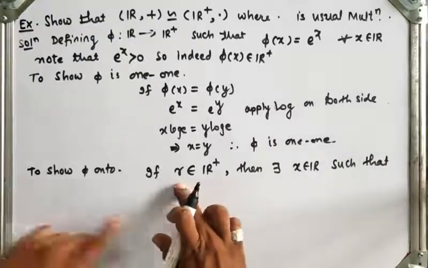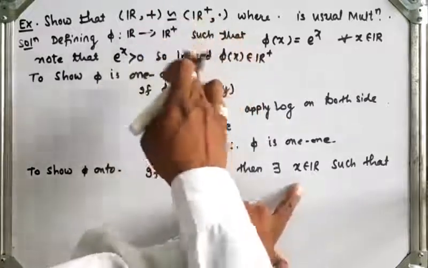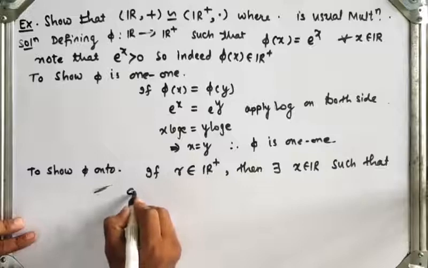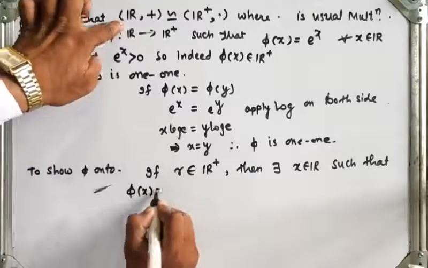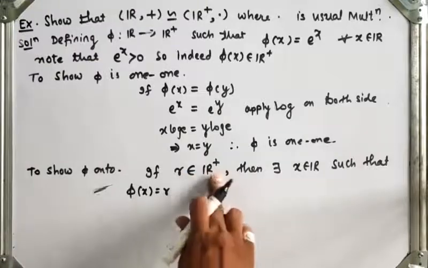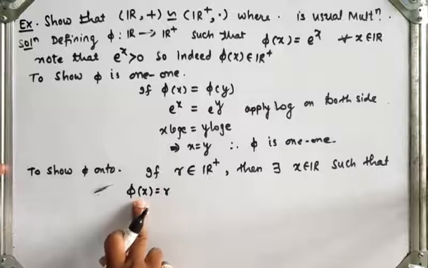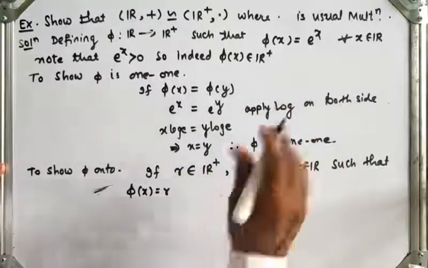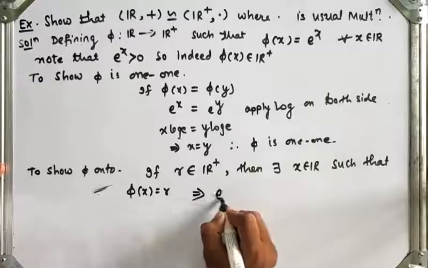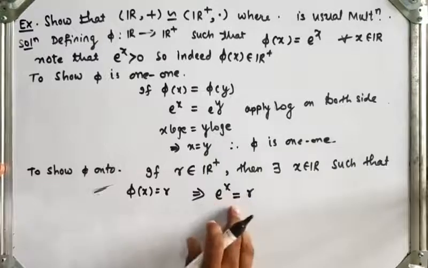Here we have taken r from R plus, then there exists x from set R such that phi of x is equal to r for all r belonging to R plus. So what is phi of x? Phi of x is e raised to x, and then solve it for x. So e raised to x is equal to r. Then solve this equation for the value of x.